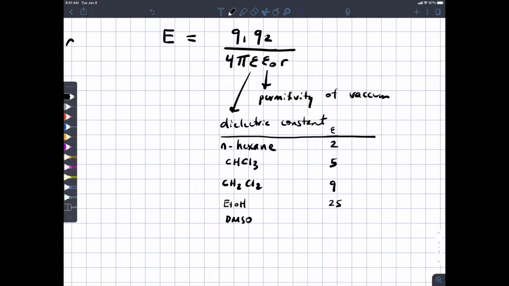DMSO has a dielectric constant of 47, and of course water has a dielectric constant of 78. So this gives you a sense for in what contexts ion pairs are going to be significant versus insignificant. And this is why, for example, you can dissolve salt in water but not hexane.